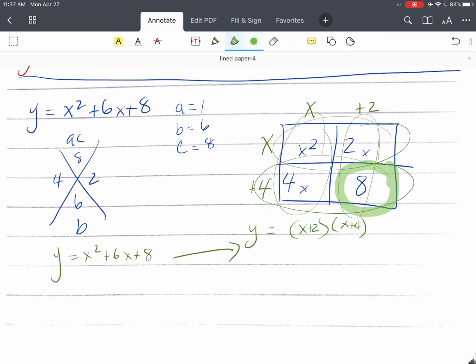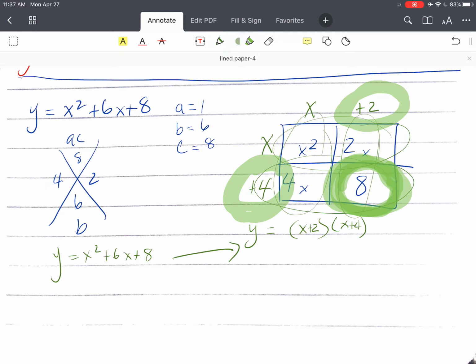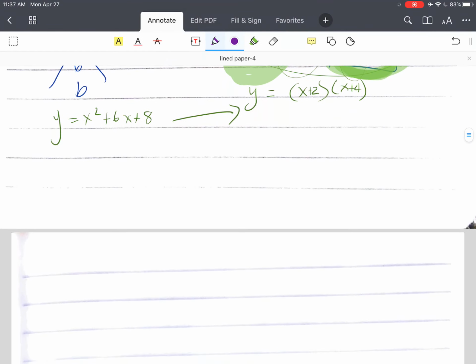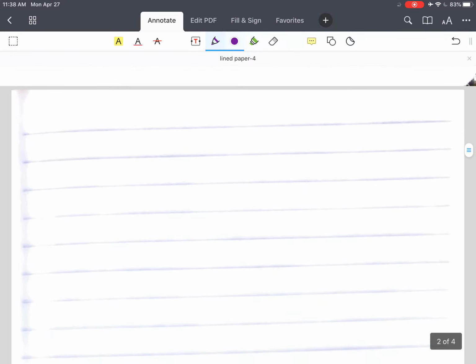Now I want to say this right now. You know your factors are correct if this number times this number equals this number. 2 times 4, okay? That's one way you can check. Let's go back to purple. Let's do another one.